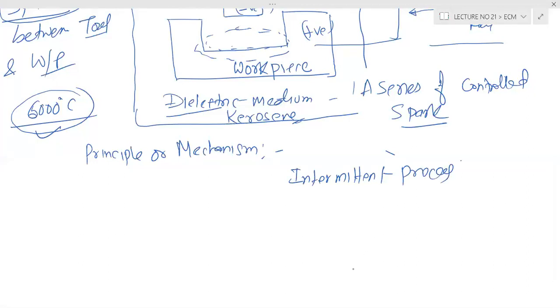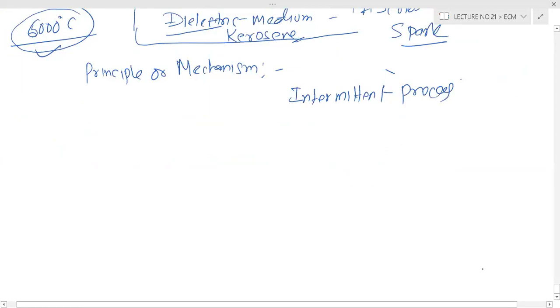You have to spark. The function of the dielectric we are going to discuss. So we apply an intermittent process basically.